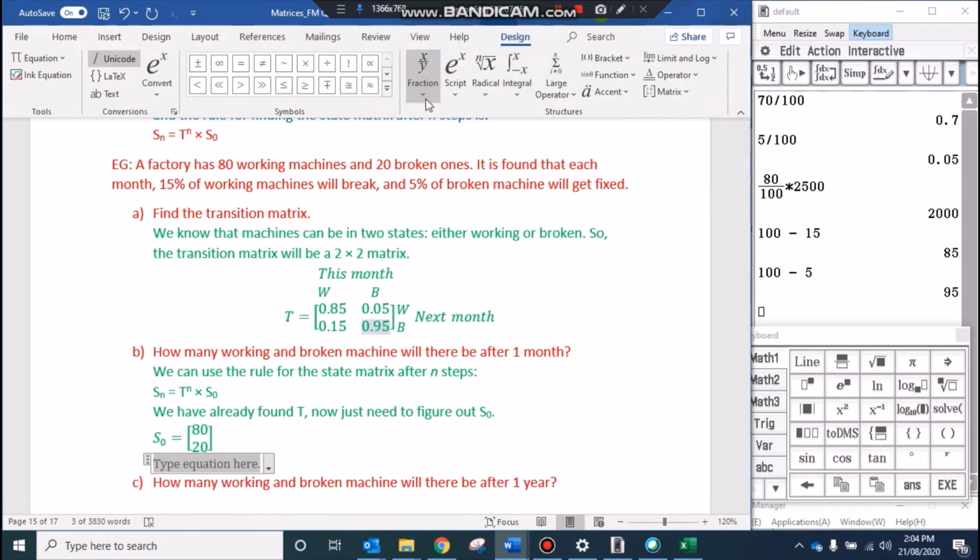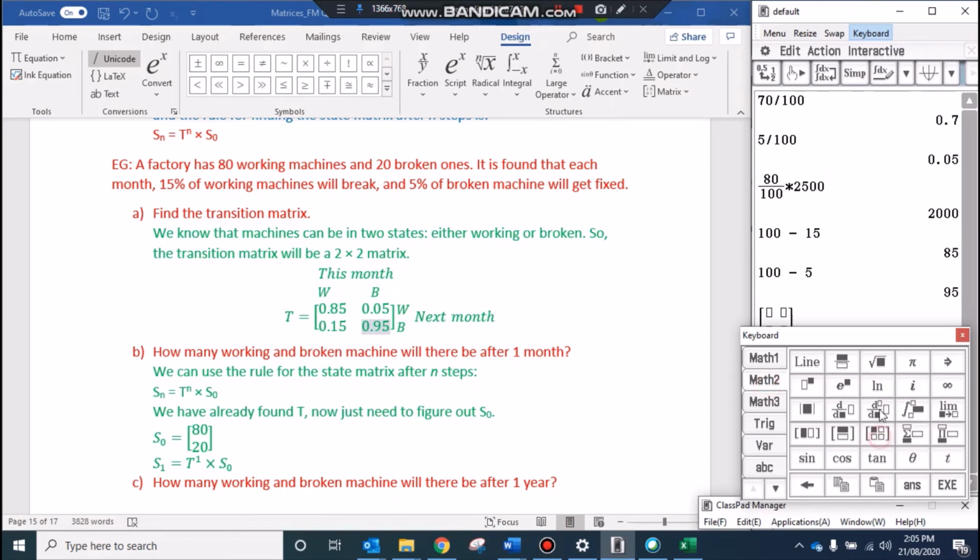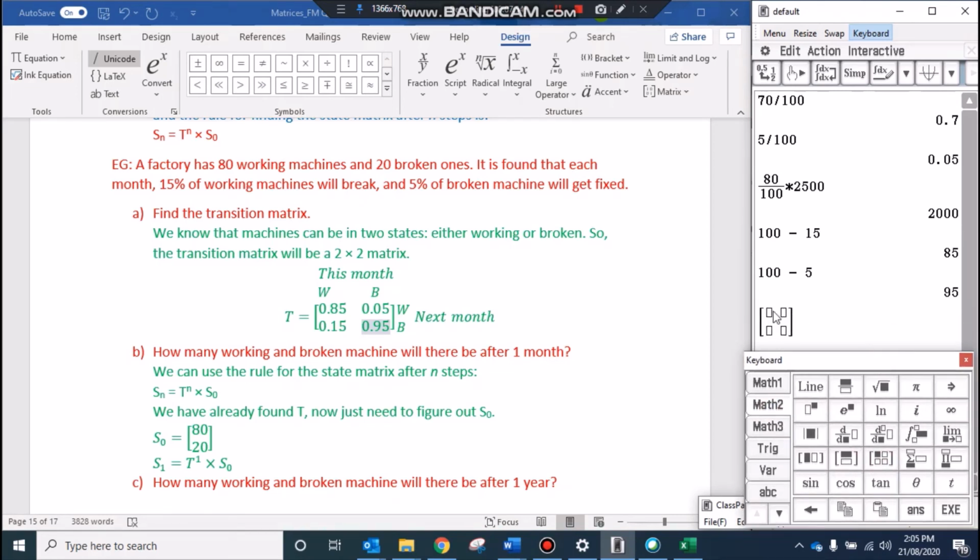Now all we need to do is plug the numbers into the formula. We're trying to find how many working and broken machines after 1 month, so we're trying to find S1. We're going to raise the transition matrix to the power of 1 and then multiply it by our initial state matrix. We can do that in our calculator. So we'll enter the values in.